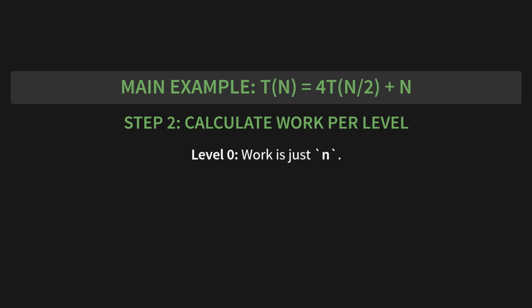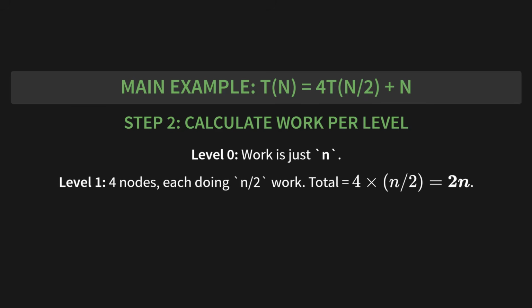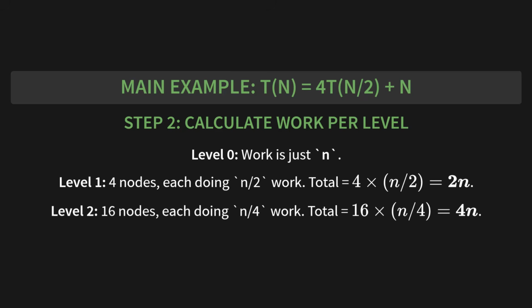Now for step 2. Calculate work per level. At level 0, the work is just n. Simple enough. At level 1, we have 4 nodes, each doing n over 2 work. The total is 4 times n over 2, which equals 2n. Okay, now for level 2, we have 16 nodes, each doing n over 4 work.